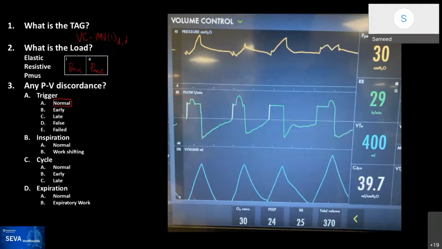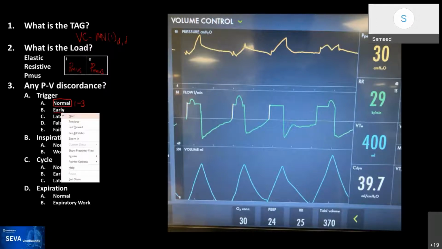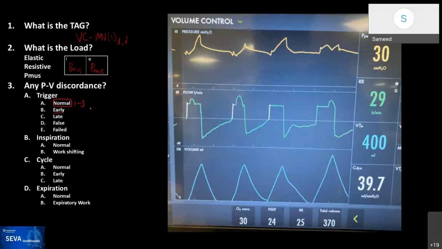You can say that reverse triggering is happening in the third and fourth breath, where there is a mandatory breath followed by a machine triggered breath, or an early trigger is happening. I'm not sure what's really happening between the third and the fourth breath, because it seems that the machine detected effort, but after that a machine triggered breath that is cycled by the patient is happening. So I would say it's normal.